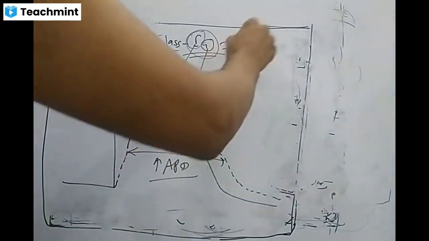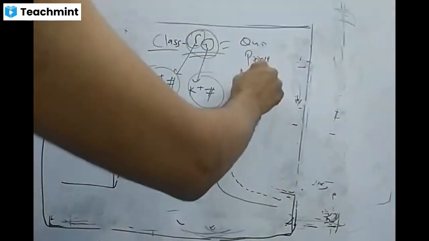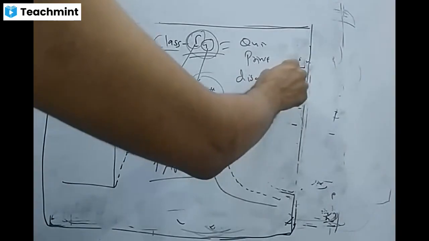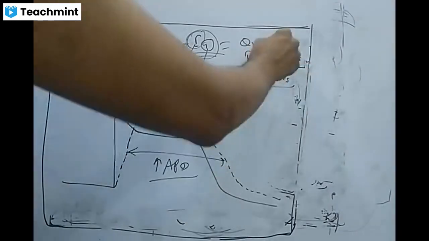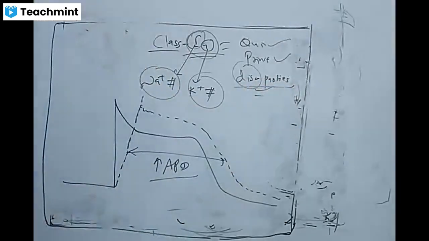So this is your queen, your princess, and some disco parties. Quinidine, procainamide, and disopyramide. Then class 1B.